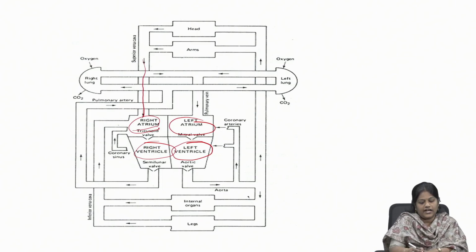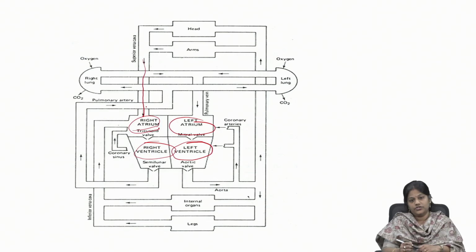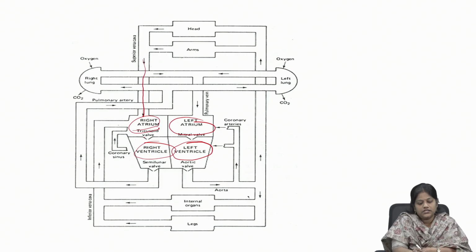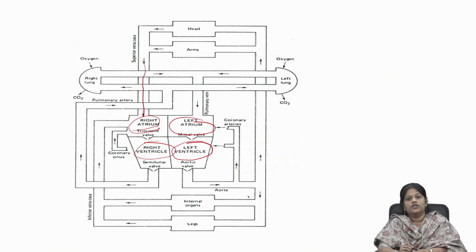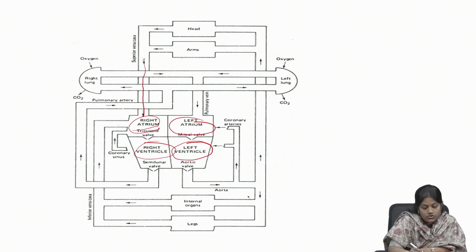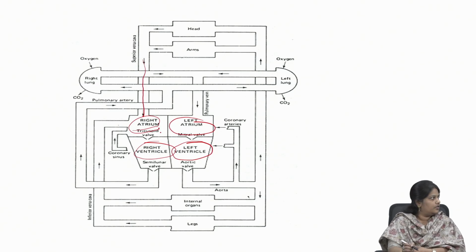So from the right atrium, how does it go to the right ventricle? There is the tricuspid valve, which separates the right atrium and the right ventricle. Until the blood is pushed into the right atrium, the tricuspid valve is in a closed position.